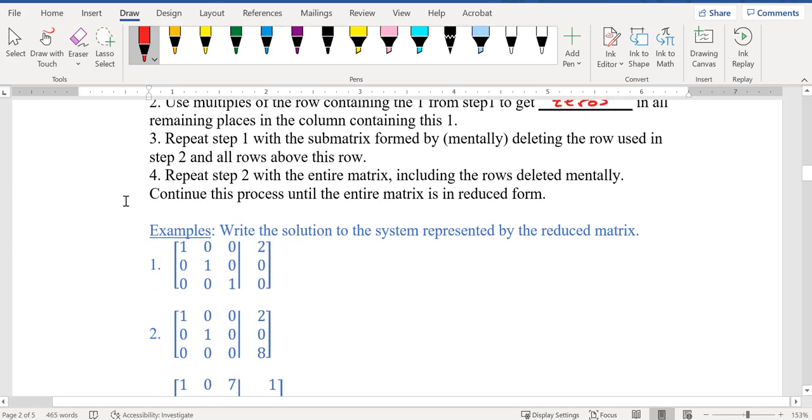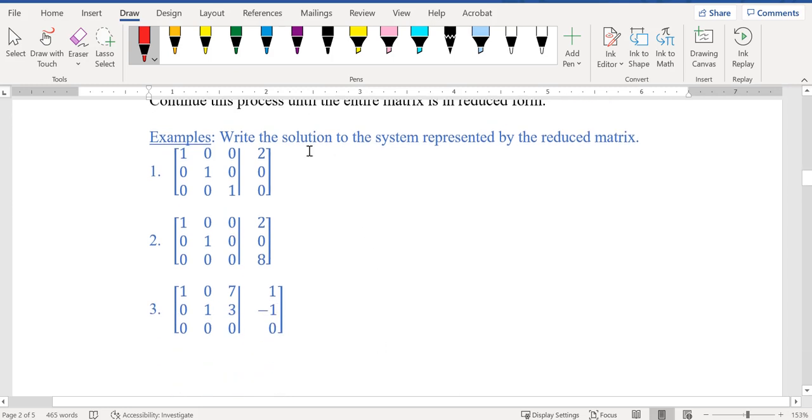All right. Before we go do that, that's a lot of words, and you probably just listened to me read it and then did not comprehend a thing. That's okay. Before we go do this, let's look at some matrices and write the solution. So right now, I want you to look at this augmented matrix and give me the solution.